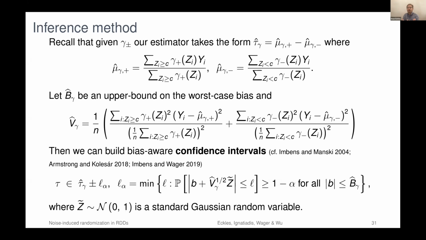And then we also have an estimate of the variance. So we can combine those to build bias-aware confidence intervals. So these are going to be intervals that account both for the sampling variability and the potential bias in our estimates. This is the same kind of thing that Stefan and Guido Imbens did in their prior paper on optimized regression discontinuity designs, and Michal has also done in some of his work.